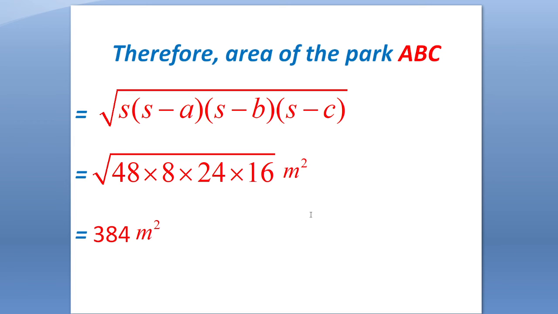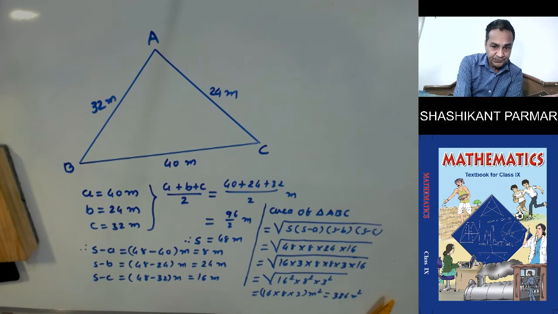So this is equal to 384 meter square, the area of the given triangular garden. So 384 meters square.